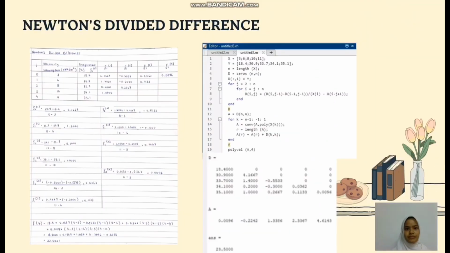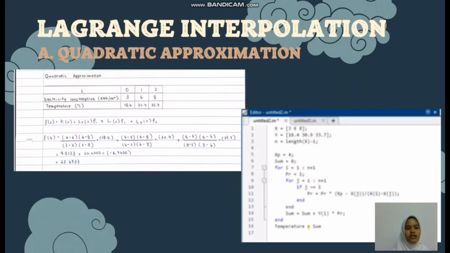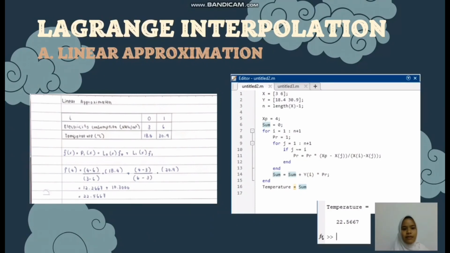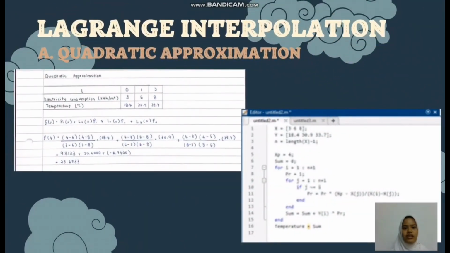So moving to the manual calculation. For linear approximation, we do get the same for the manual calculation and the simulation in MATLAB, which the answer is 22.5667. For quadratic approximation, we get that the manual calculation is 23.6733 and also the same with the simulation in MATLAB.